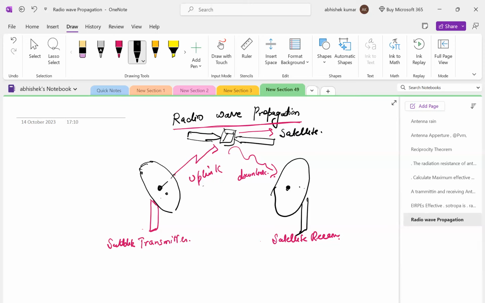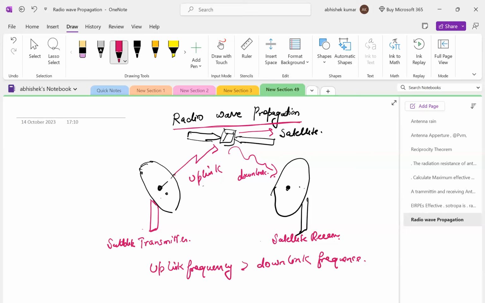Usually uplink and downlink frequencies are different, and the uplink frequency is always greater than the downlink frequency, because of the attenuation.